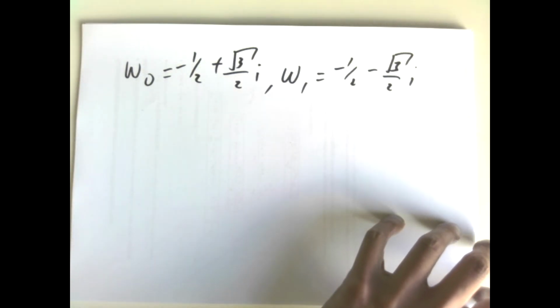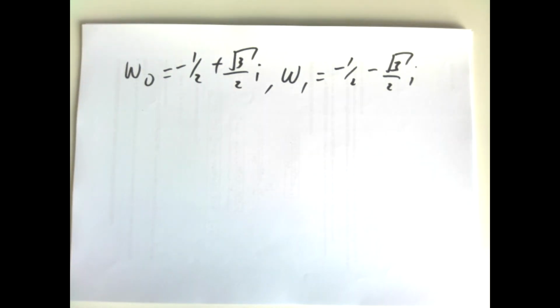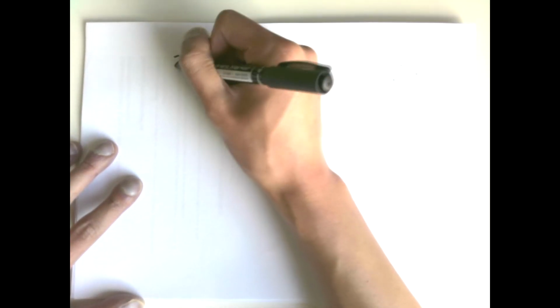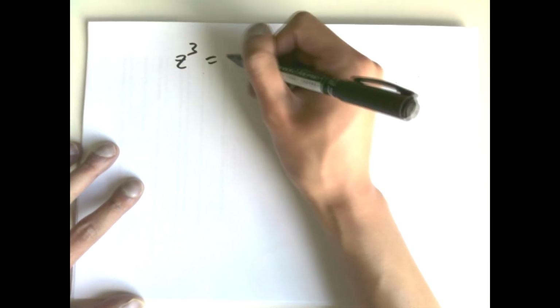We can use the fundamental theorem of algebra and the conjugate root theorem to factorize what we call the cube roots of unity. Let's say we need to solve the equation z cubed equals 1.